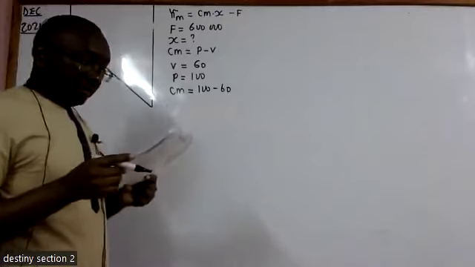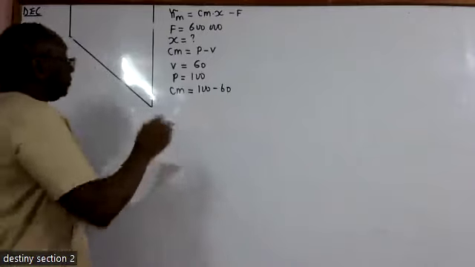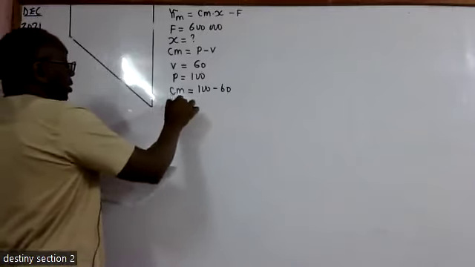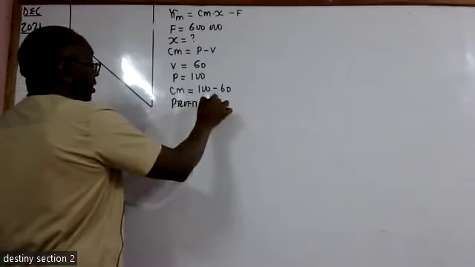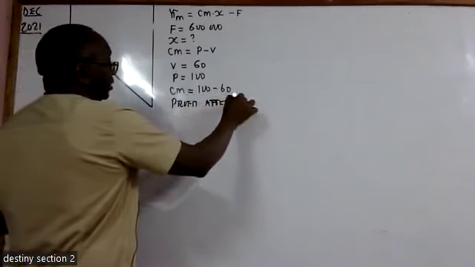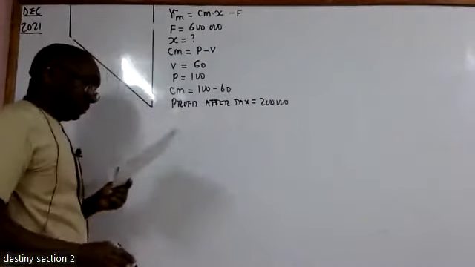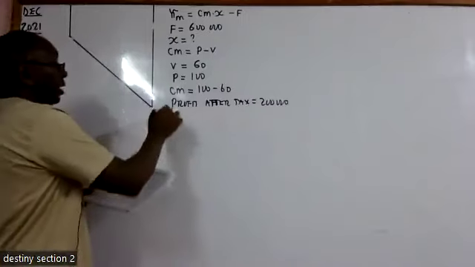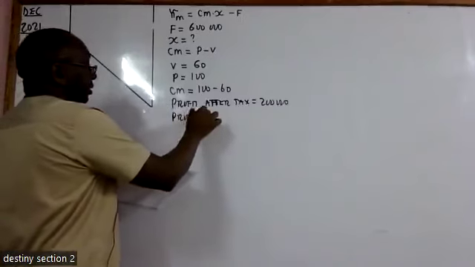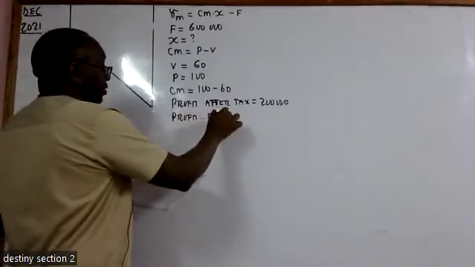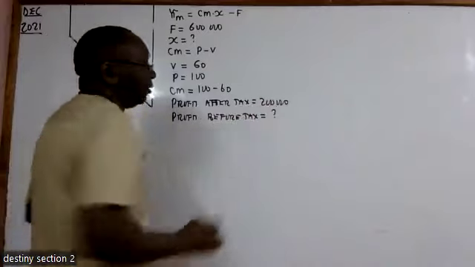Now the profit after tax is 200,000. Therefore, profit before tax is how much?